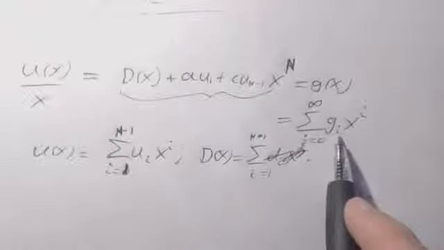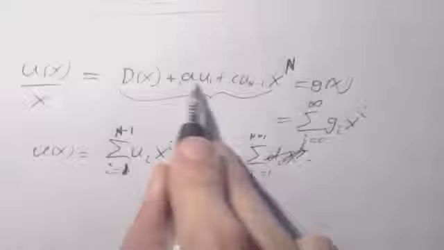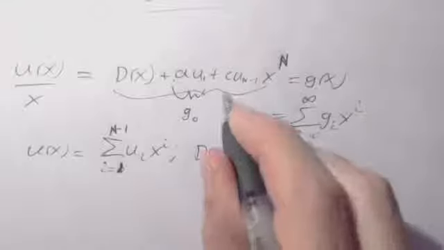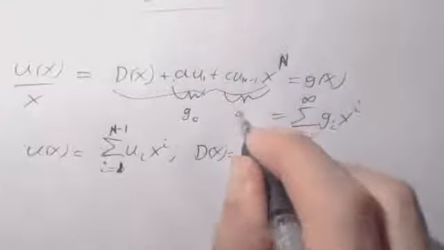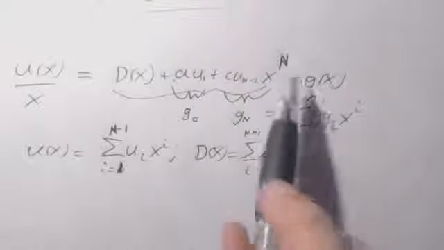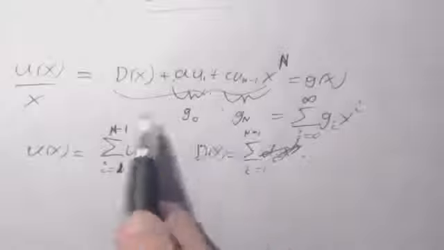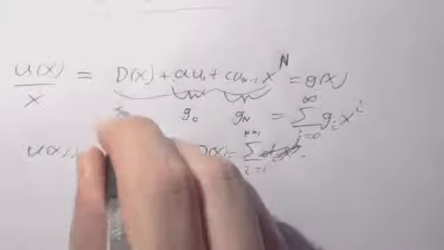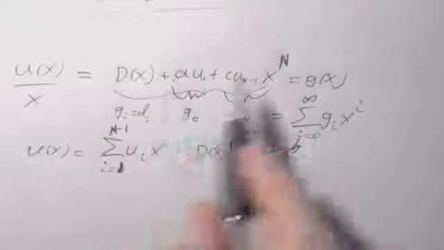So we would have that g_0 is the constant part of this polynomial here. This term, c u_{n-1}, is going to be g_n. That's the only time x^n appears in this polynomial, and g_i is going to be equal to d_i when i is between 1 and n-1.